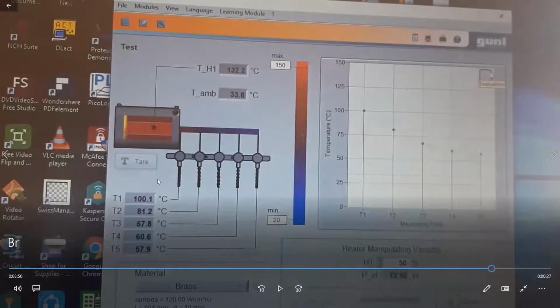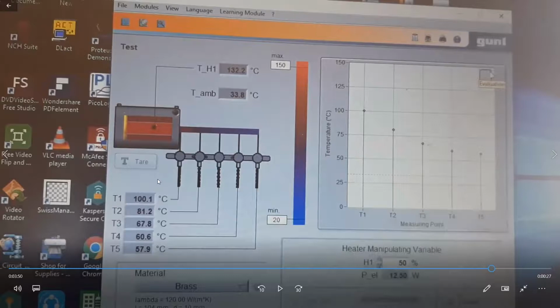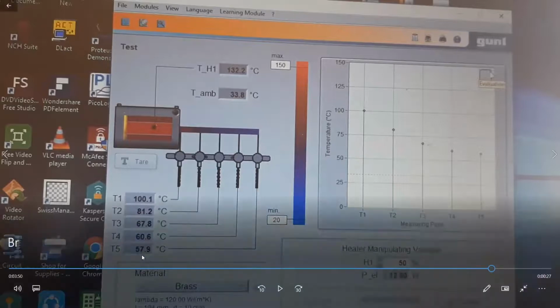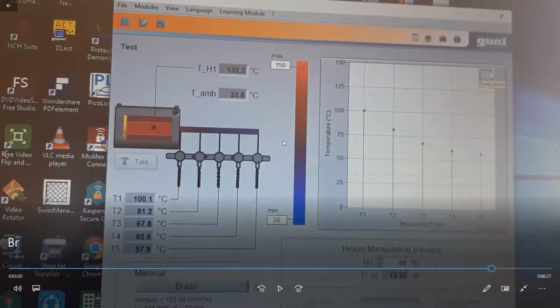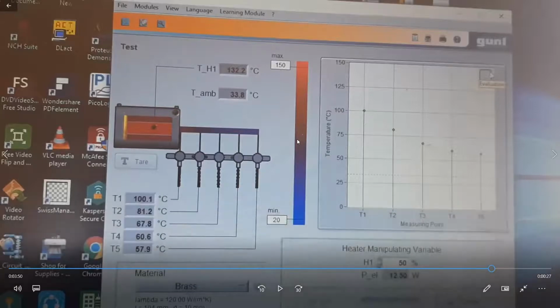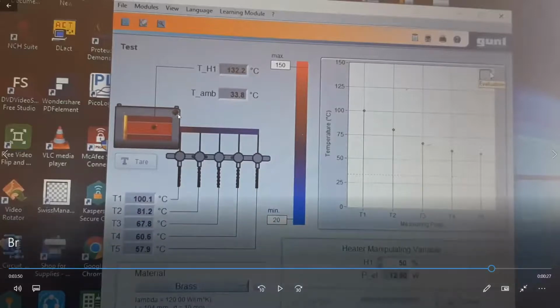This is the data for the temperature curve. T1 is 100 and T5 is 57. You can see a 43 degree difference between T1 and T5, because it has higher thermal resistance. As it has high resistance to the flow of heat, heat will be lost.